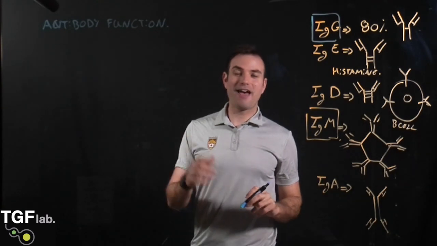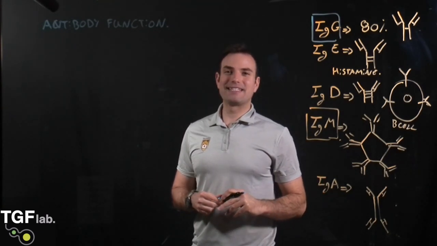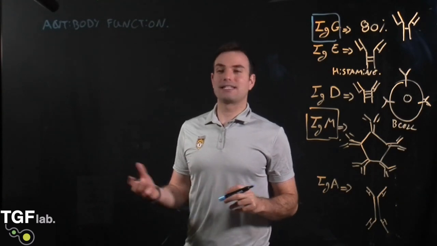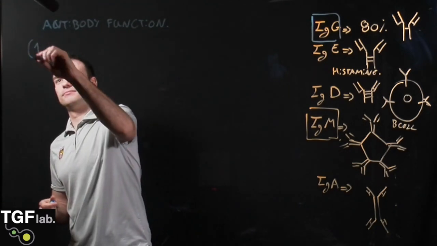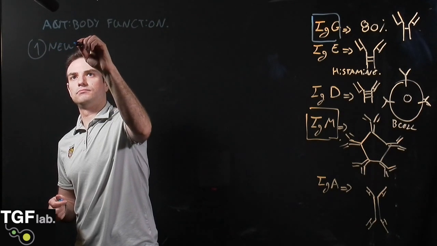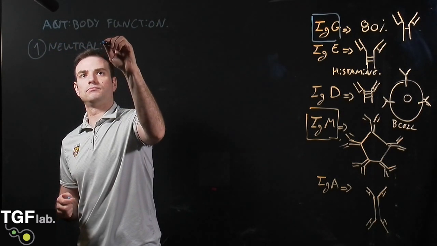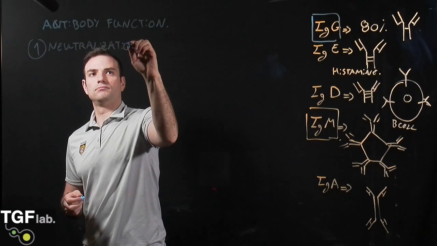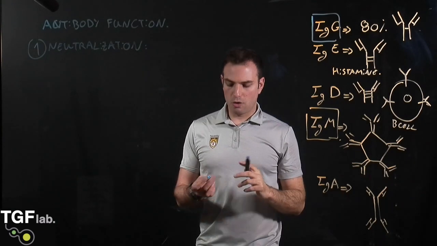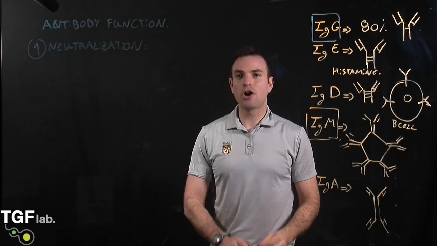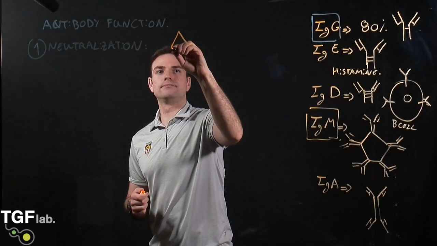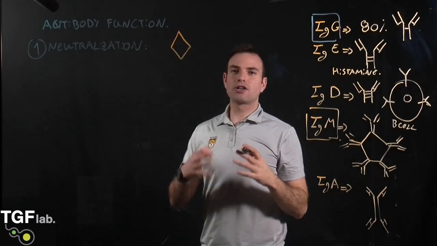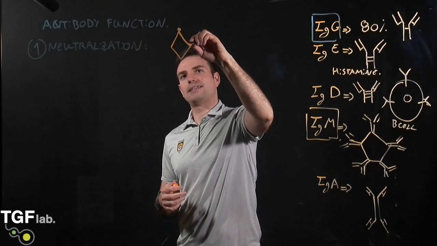The first function of the antibodies is neutralization. Let's say that we have a bacterial toxin or a virus, and this bacterial toxin or virus is going to express some antigens.